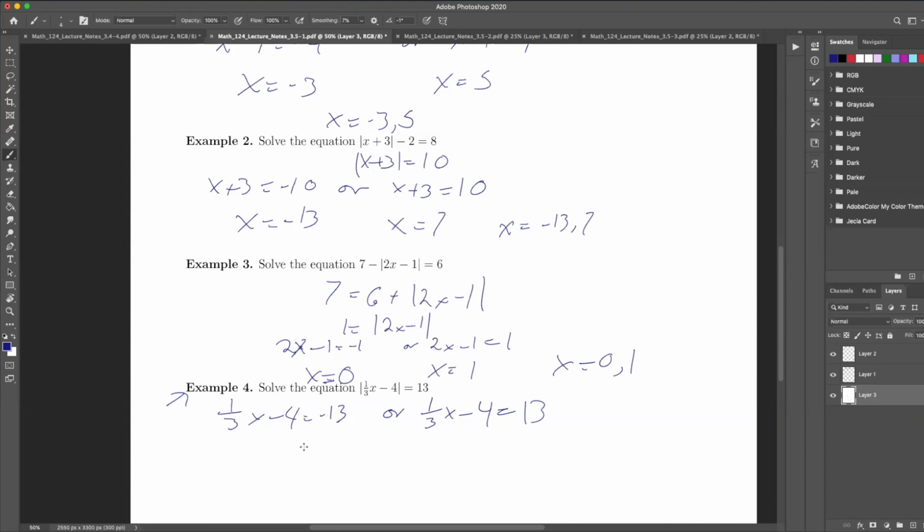And so once you do that, we'll move the 4 over. So it'll be minus a third x equals minus 9. So x equals minus 27. Here, we move the 4 over. Minus a third x equals 17. 17 times 3 is 51. Okay, so those are your answers.